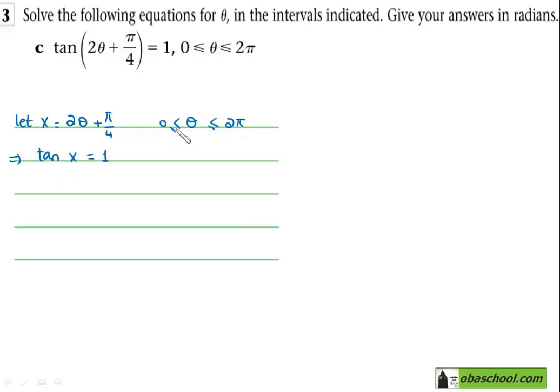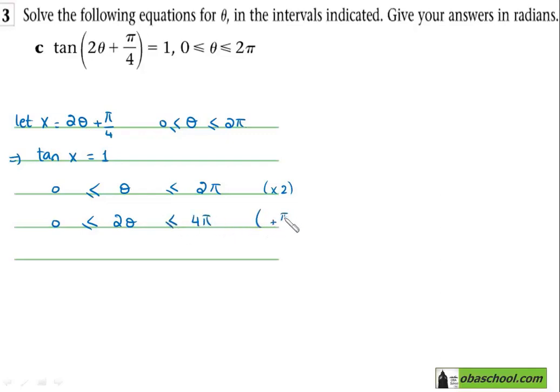Now we need to change the boundaries of the interval. As we said, θ is between 0 and 2π. First, we multiply by 2 in order to get 2θ greater than 0 and less than 4π.